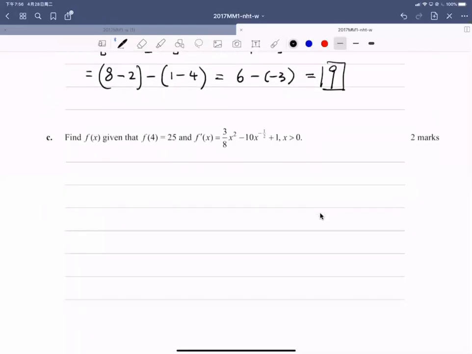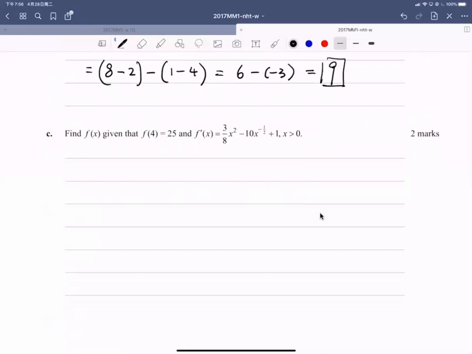Find f of x given that f of 4 equals 25 and f dash of x equals 3x squared on 8 minus 10x to the power of minus half plus 1 for x greater than 0. So this is your derivative function. We are looking for its antiderivative satisfying the boundary condition, which means x equals 4, y equals 25.